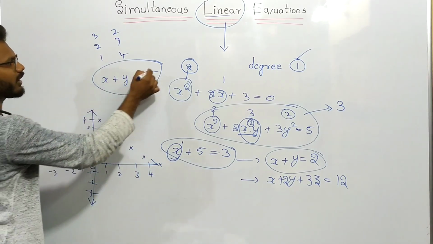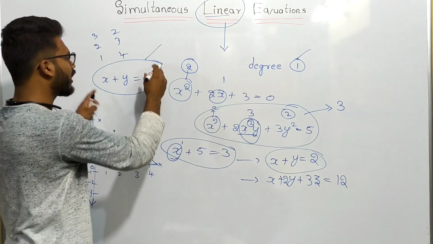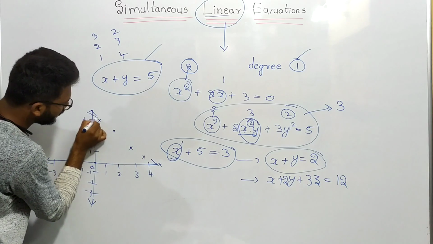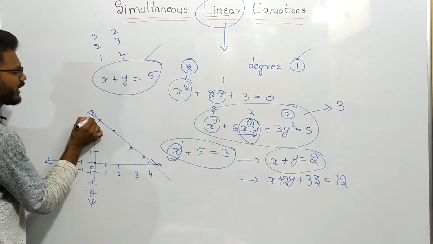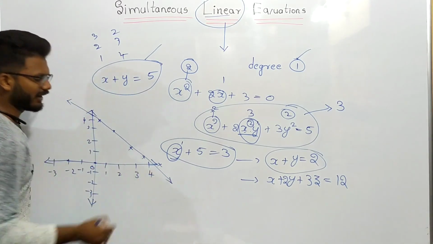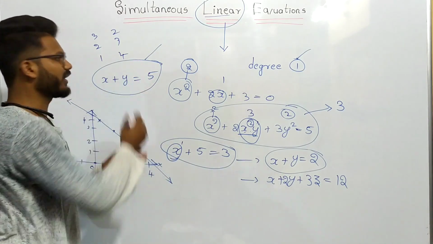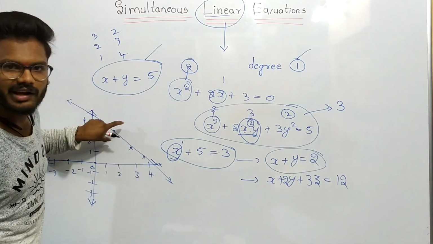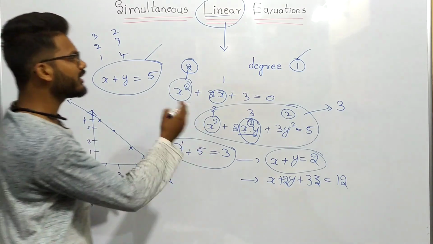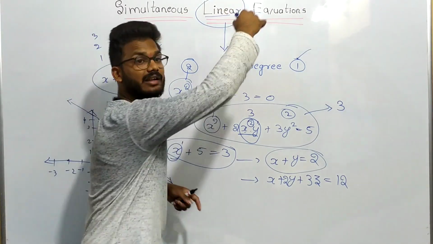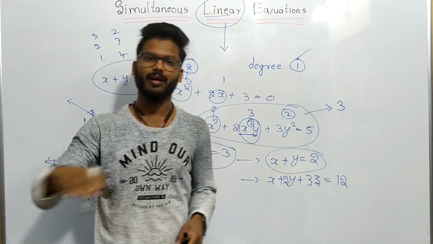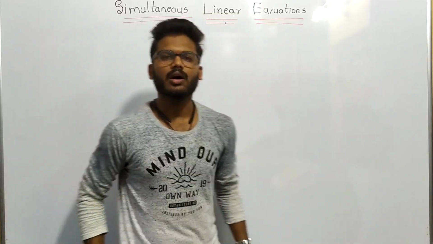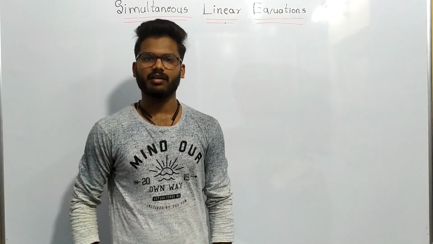So whenever you draw this equation on graph paper, you will get a straight line. This type of equation, when the degree is 1, forms a straight line on graph paper, so we call it a linear equation. Linear is nothing but it forms a straight line. Clear? Now you know what a linear equation is.